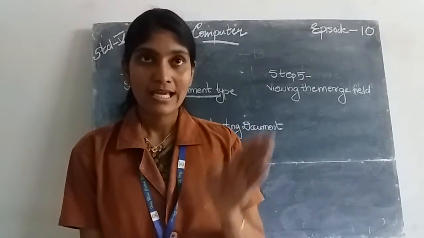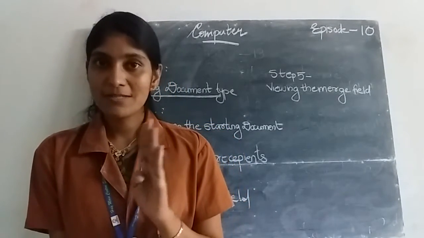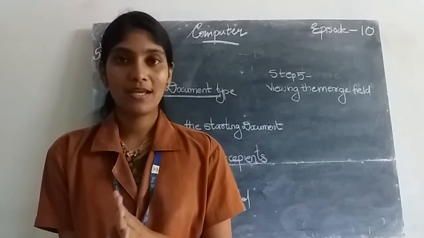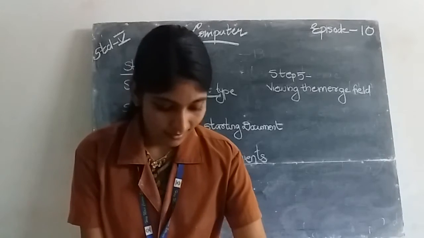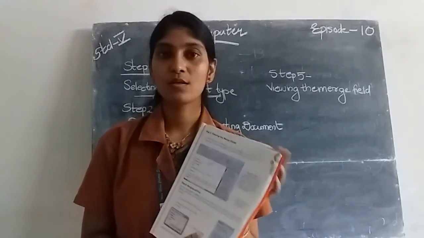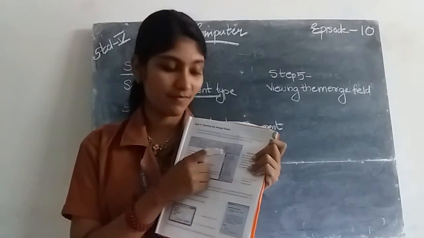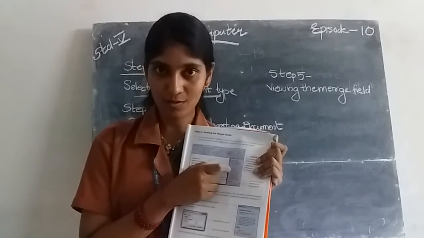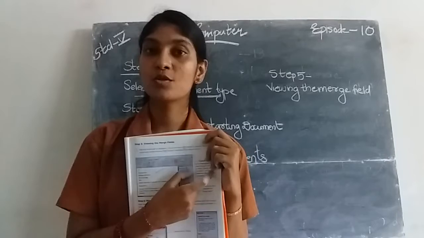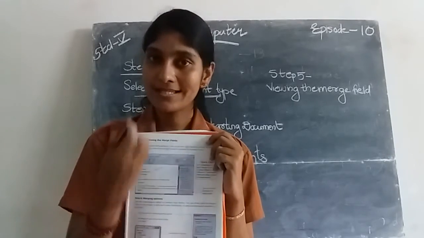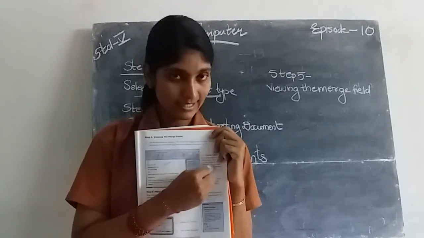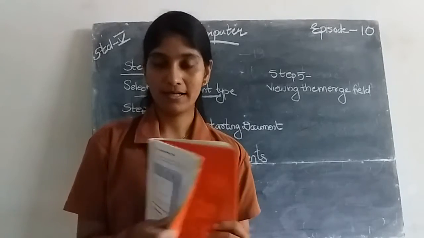And then on the right side, in the mail merge task pane, you have two options, go to previous or go to next button. If you want to go to the previous one, there is a left arrow button. If you want to go to the next recipient, click the right arrow button.